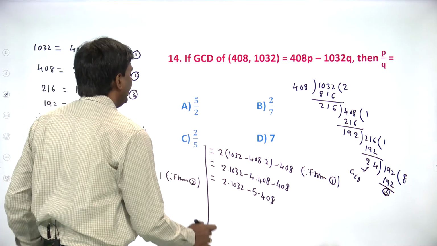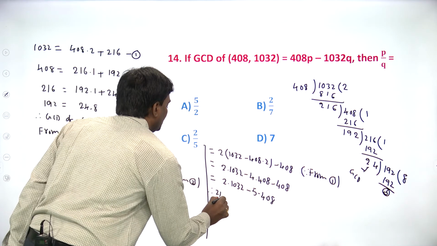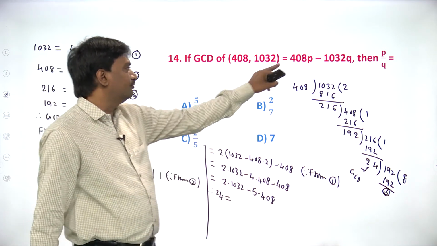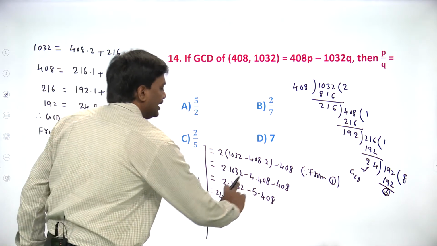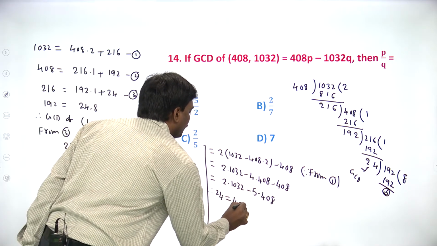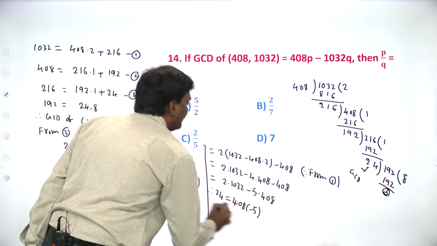Now we can write 24 equal to 408 into P. Here minus 5 into 408 is there, so we can write this as 408 into minus 5.